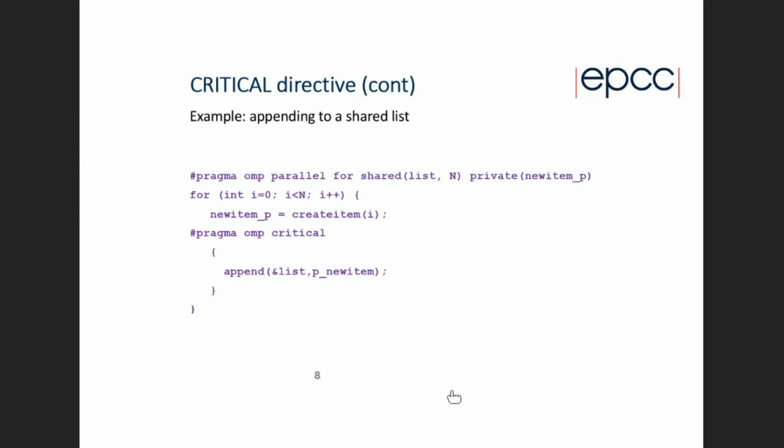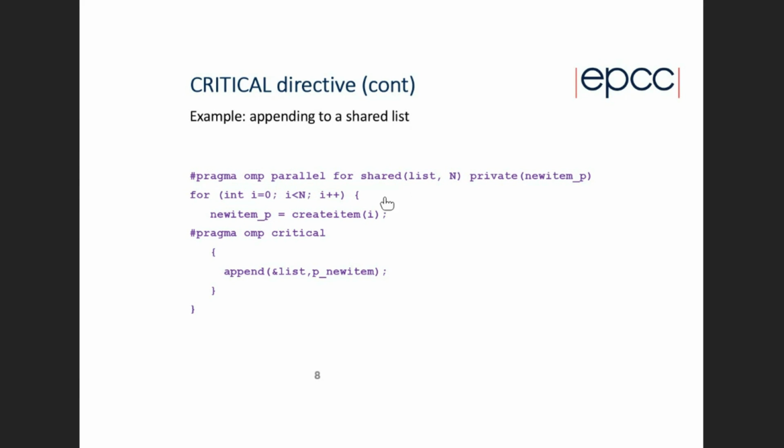So the example I'm going to use here is supposing that we want to do some calculation and then append some items to a shared list. So I have some data structure, which is a list here, and this data structure is shared between all the threads.